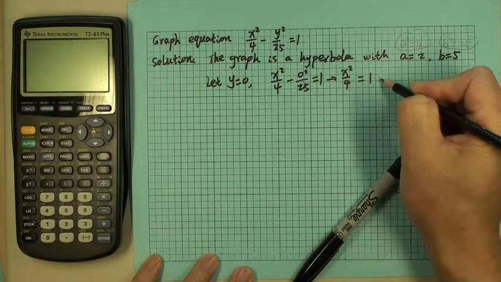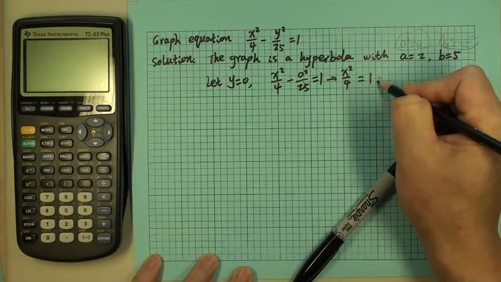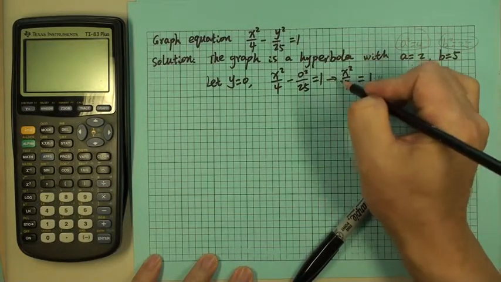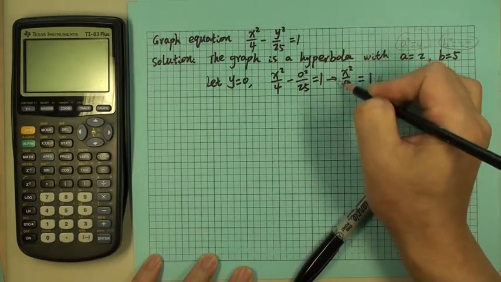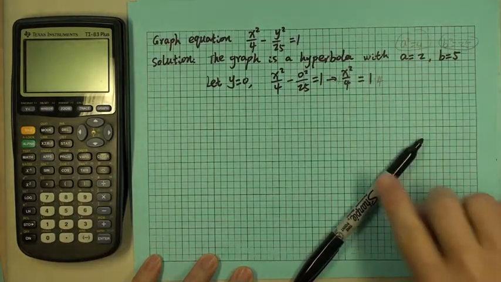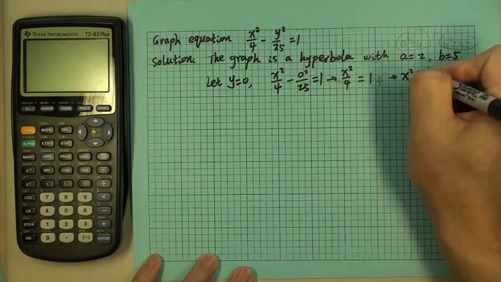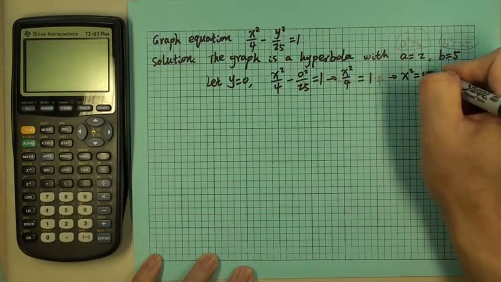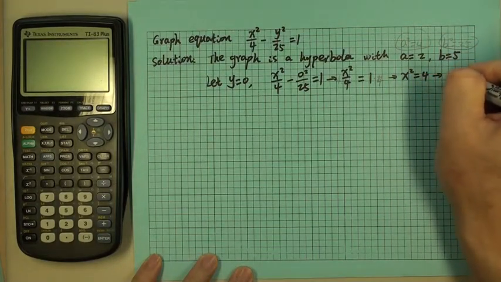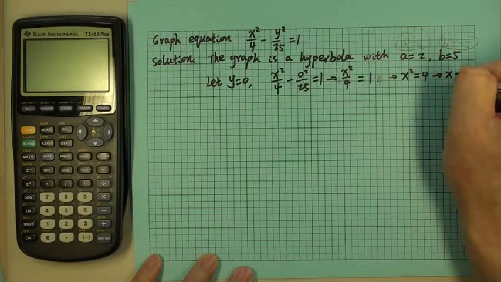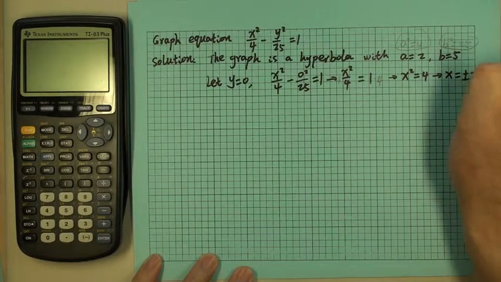Now multiply both sides by 4. Then you can cancel this 4, so what you get is x squared equals 4, and then x equals positive or negative 2.